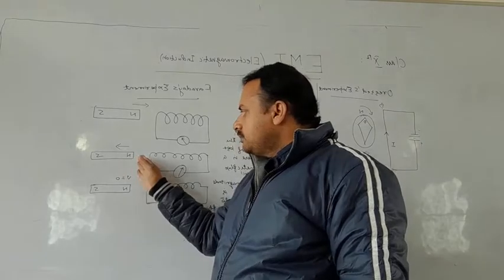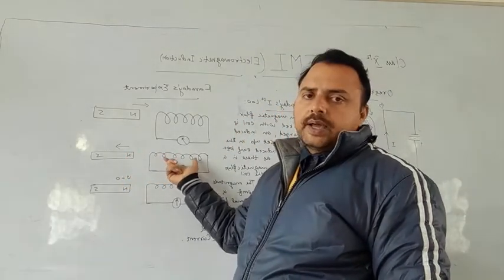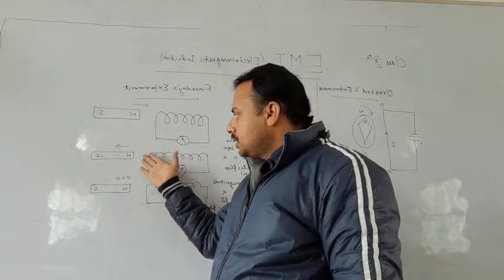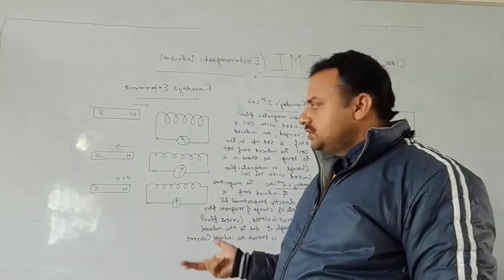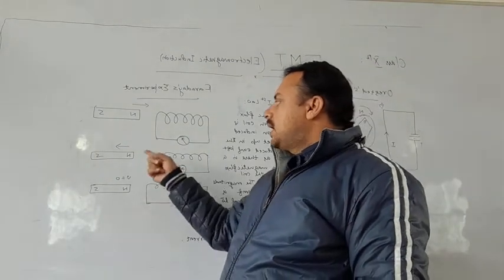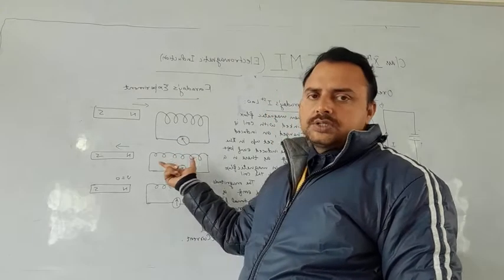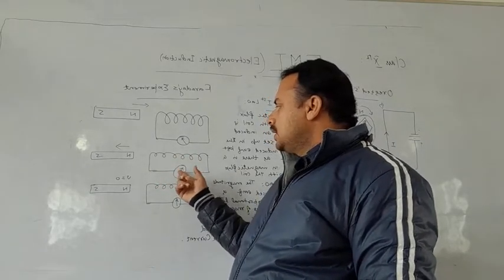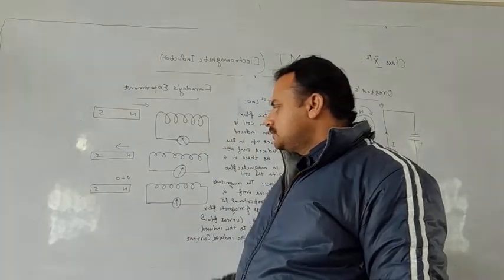Again, when we are moving the magnet away from the coil, there is a change in magnetic flux, but this time the magnetic flux is going to decrease. So again there is an induced EMF in the coil, and because of this induced EMF there is an induced current, and due to this current there is a deflection in the galvanometer which is in the opposite direction.